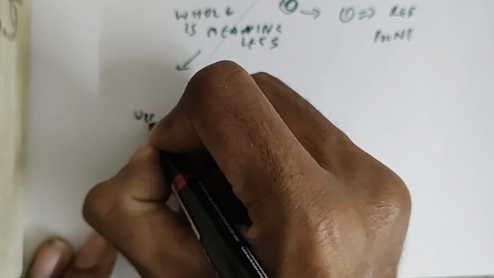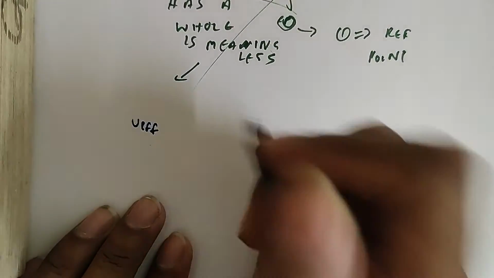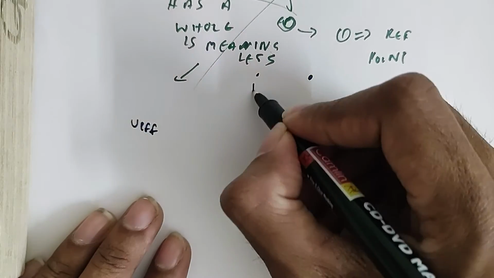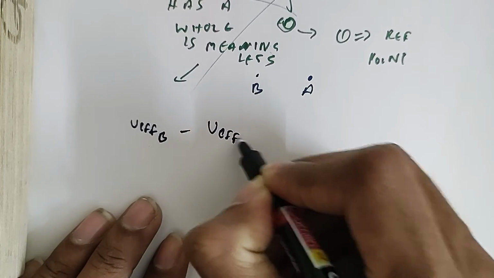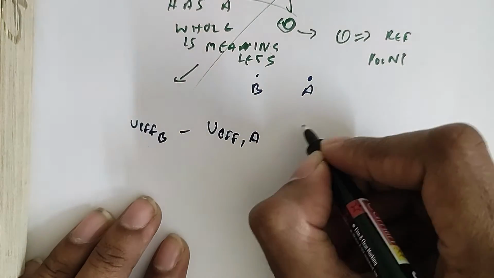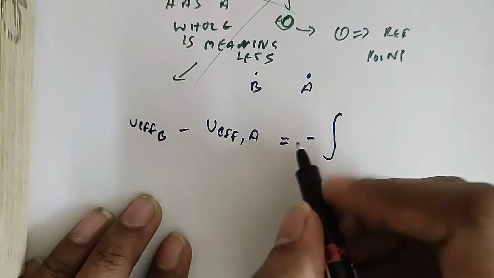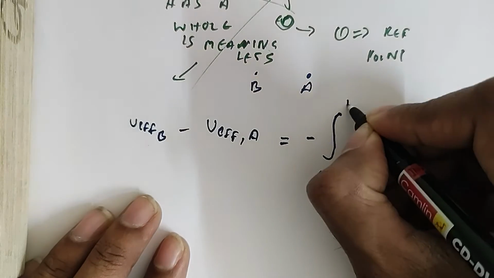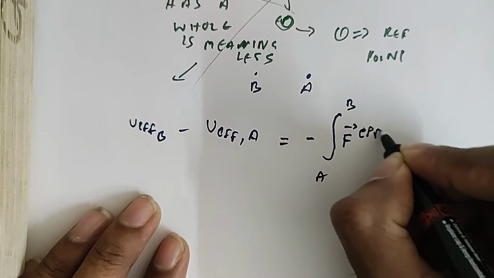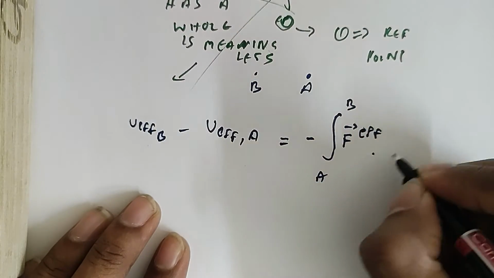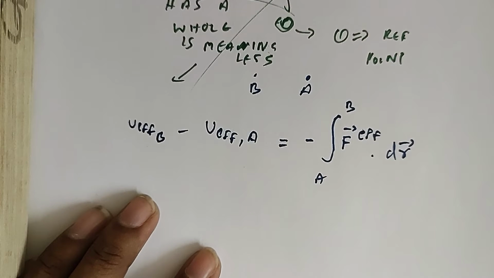So similarly, I define an effective potential energy difference between 2 points, say B and A, B being the higher, and the effective at A. The minus sign is just a definition. This whole equation is just the definition of how you represent a potential energy and force relation.